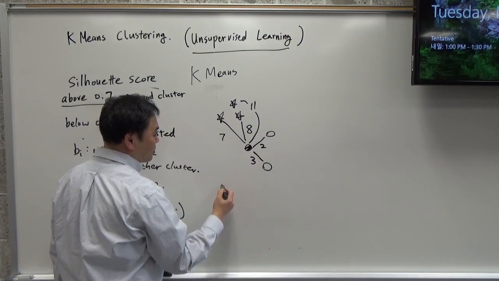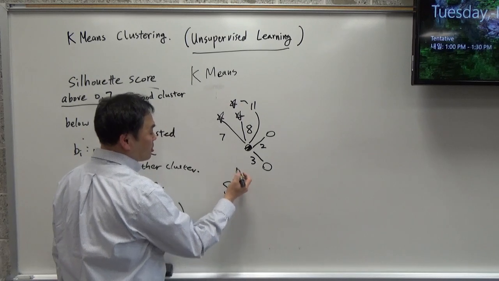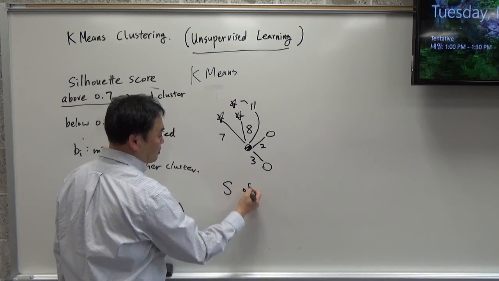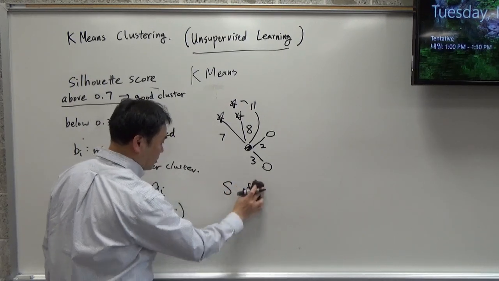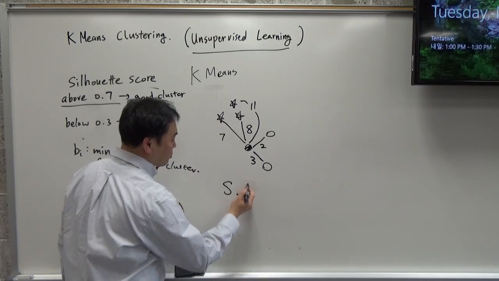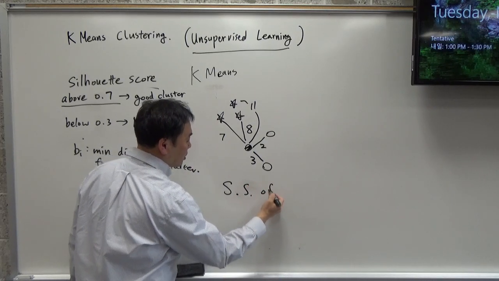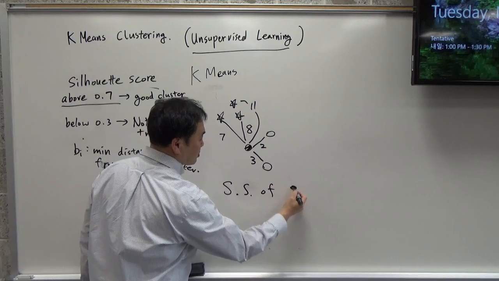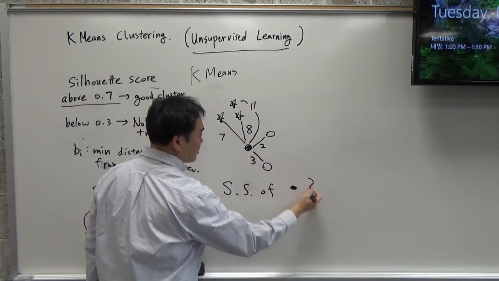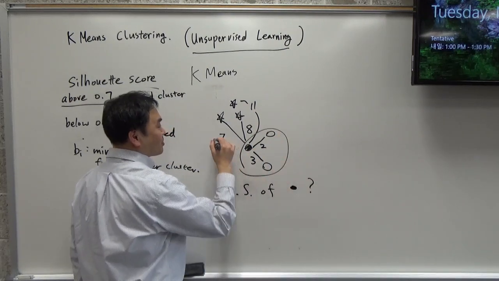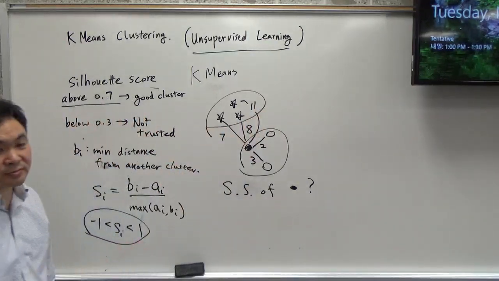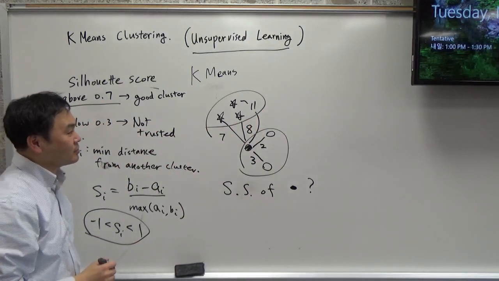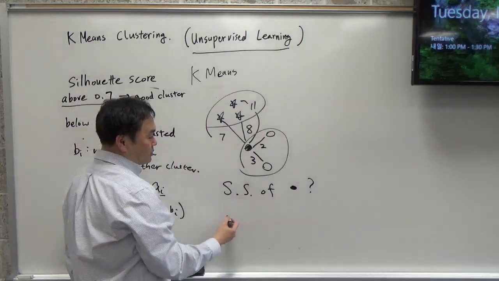So compute the silhouette score of, what's the silhouette score of this black dot? Okay. Assuming that the classification is like that. What would you do?